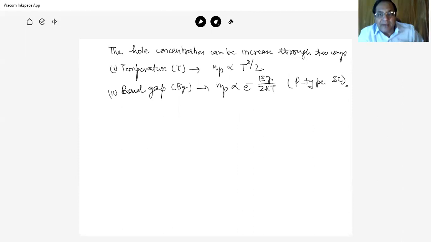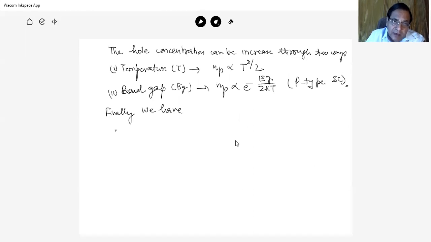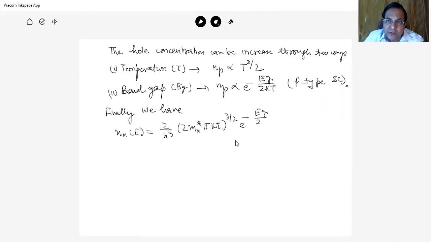So we have these two equations. Finally, we have N of E for electrons, that is 2 by h cube, 2 Mn star, that is effective mass, kT to the power 3 by 2, e raised to the power minus Eg by 2 kT, that is Nc e raised to the power minus Eg by 2 kT, is constant.